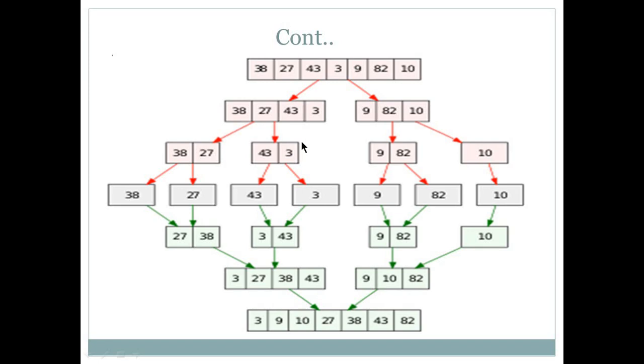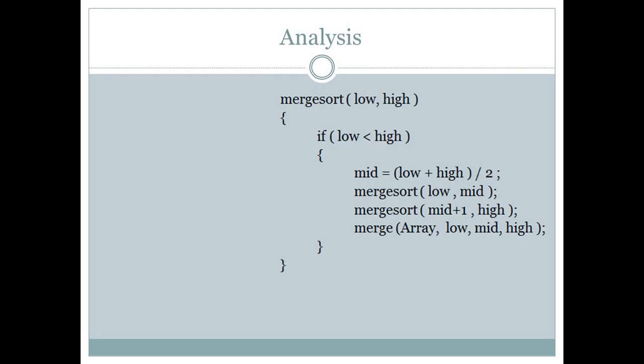For merge sort, let's do its analysis. For its analysis, we will have this type of algorithm. In that algorithm, if we consider the total time complexity of merge sort as T(n), and if we ignore this if condition and concentrate on this code, then mid equals (low + high) divided by 2 will be performed only one time.